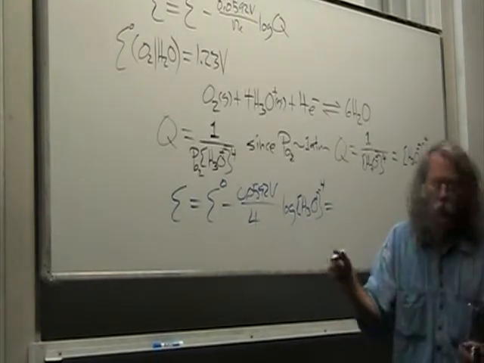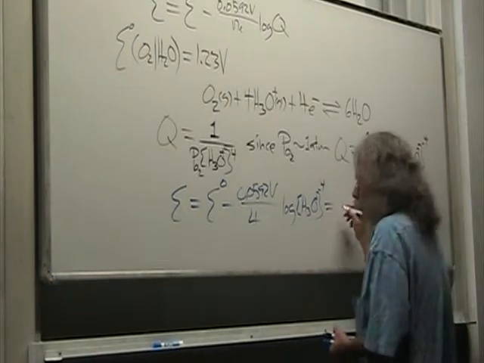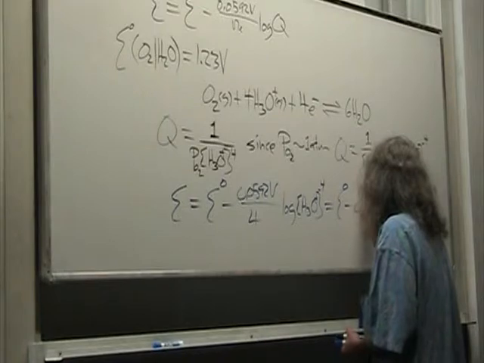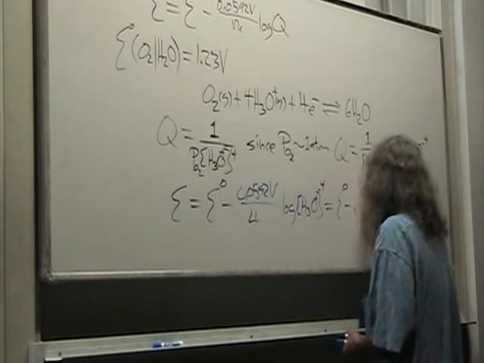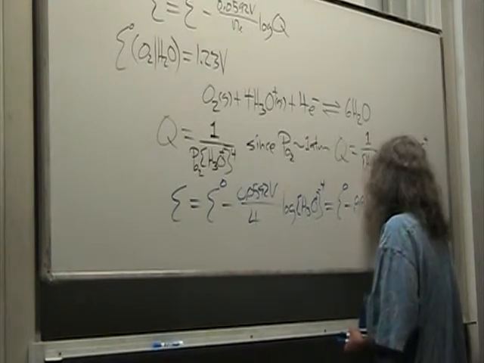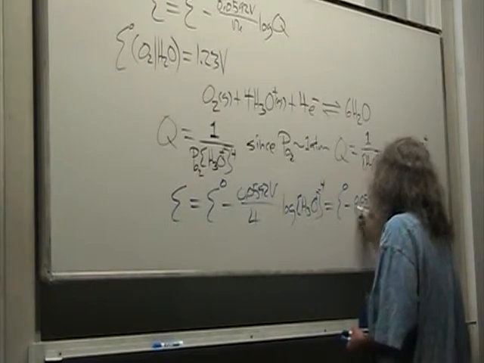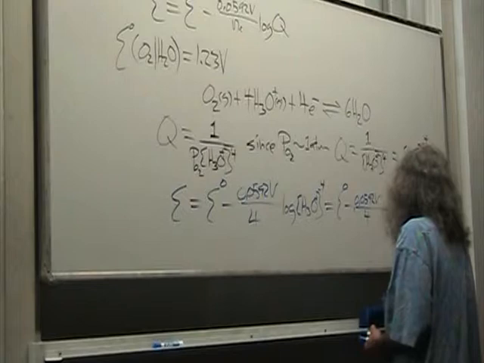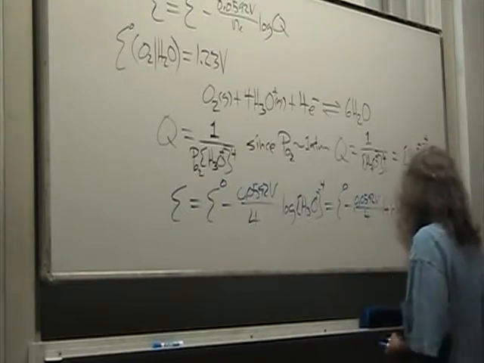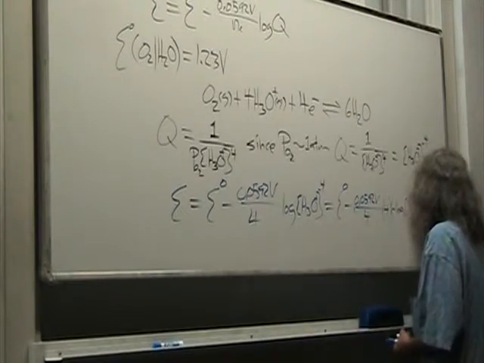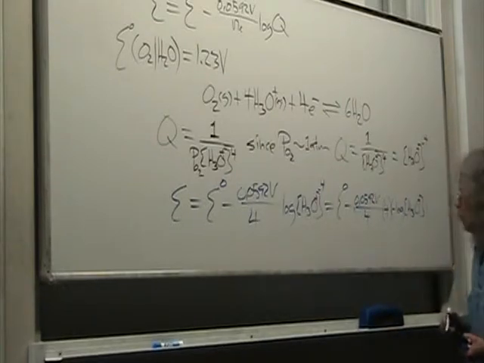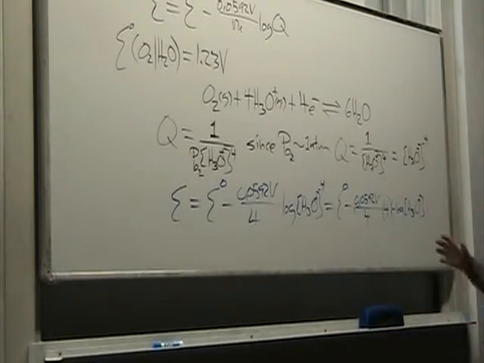We pull this through, and it's equal to E naught minus 0.12 times pH. And so now we've got it in the same form.